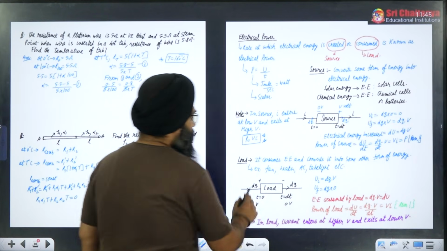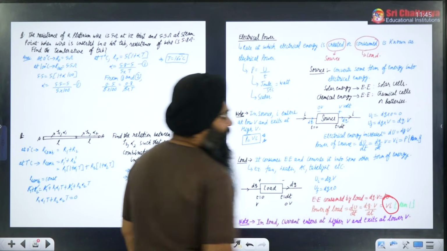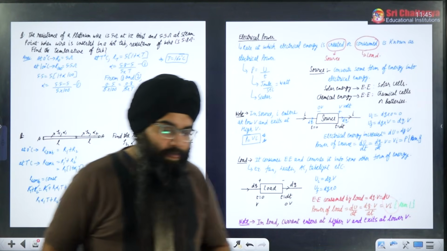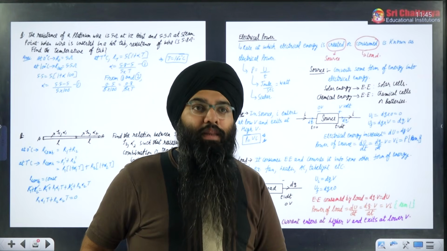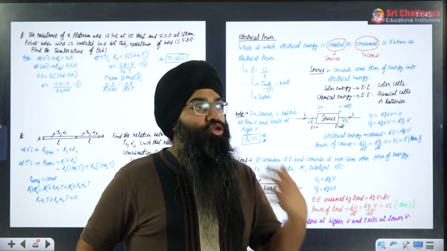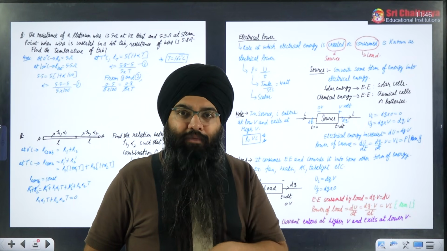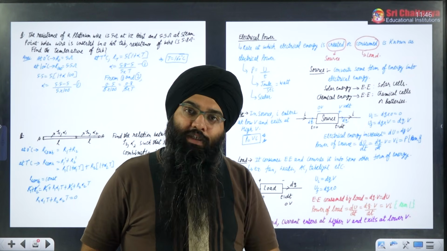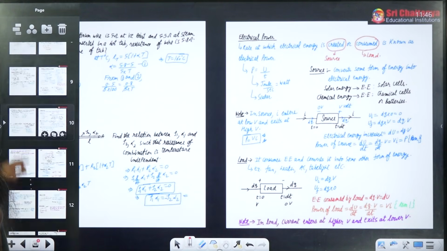So what will be the power consumed by the load? The power consumed by the load will also be equal to VI. So you have to remember only one thing: the power delivered by the source is voltage into current, and the power consumed by the load is also voltage into current. The only difference is that the load is consuming that power and the source is delivering that power. The formula remains the same, V into I.